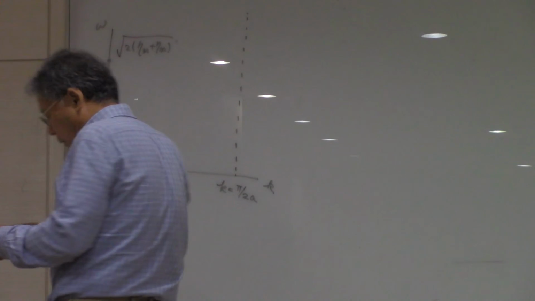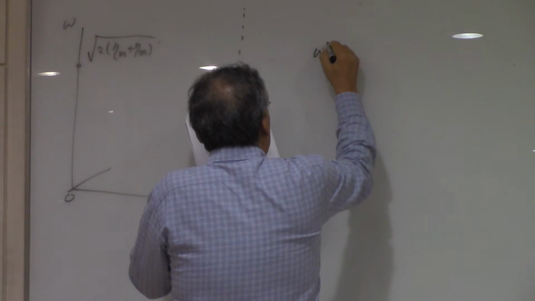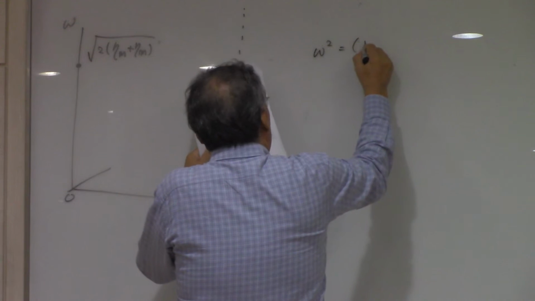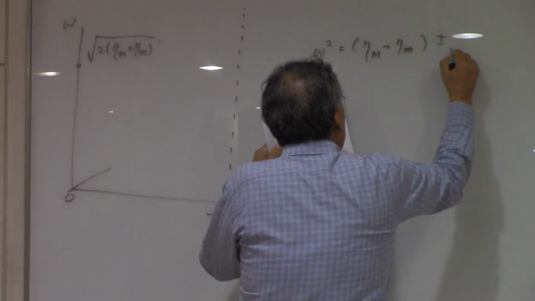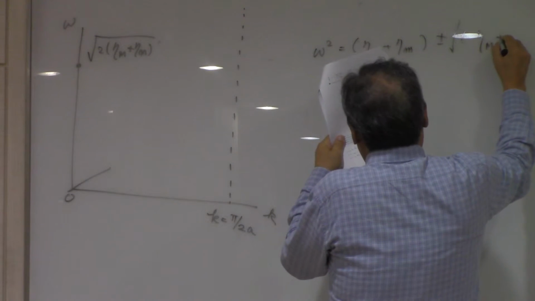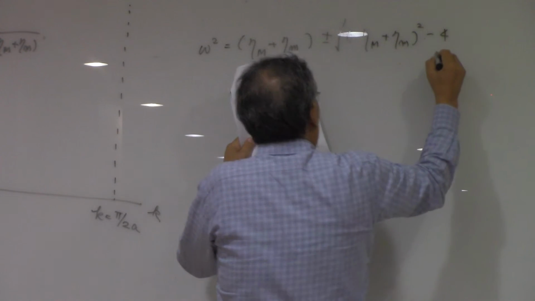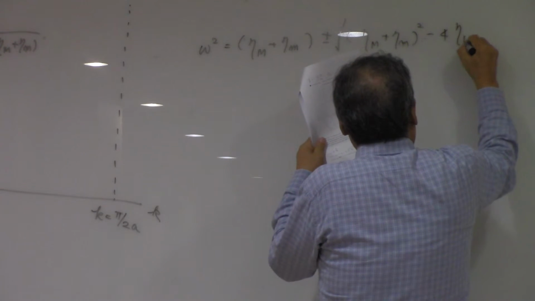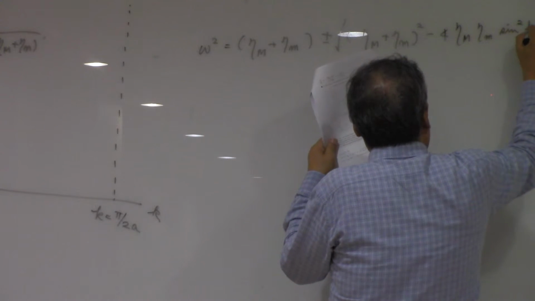When k is equal to pi over 2a, omega square is going to be 2m plus small m, plus or minus the square root of (M plus small m) square minus 4 M small m sine square ka.